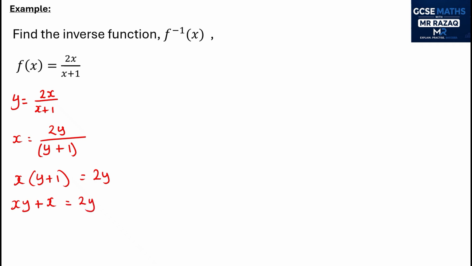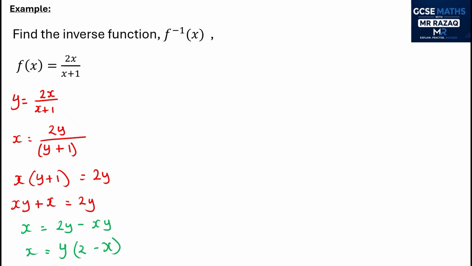And now if I want to make y the subject of formula, the best thing to do is, in this case, take this xy to the other side, and that becomes minus xy. So you're left with x is equal to 2y minus xy. Now factorize y. So I'm going to factorize it, and that gives me y, open bracket, 2 minus x equals to x.